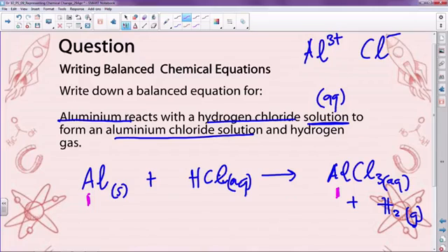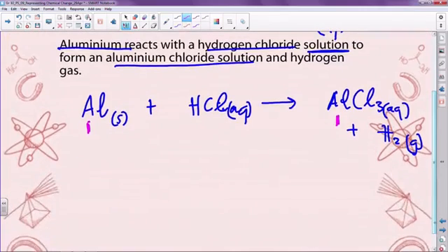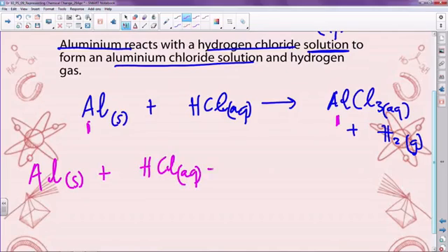It's very important for us to count, because only then can we balance. Let me rewrite this equation clearly so that we have enough space. So it's Al solid plus HCl aqueous, to give us AlCl3, aluminium chloride, plus hydrogen gas.